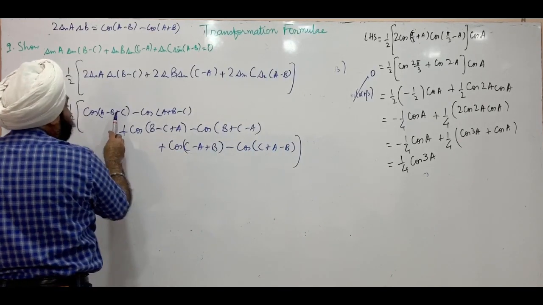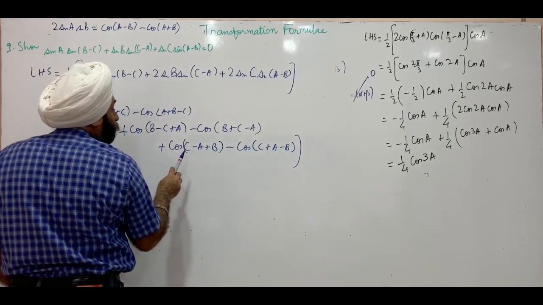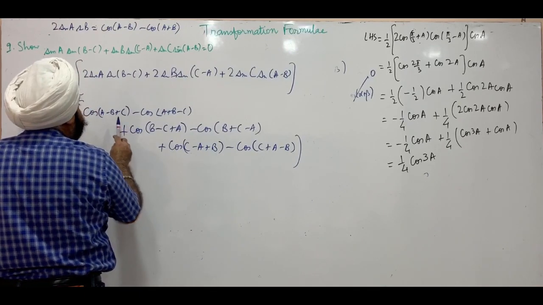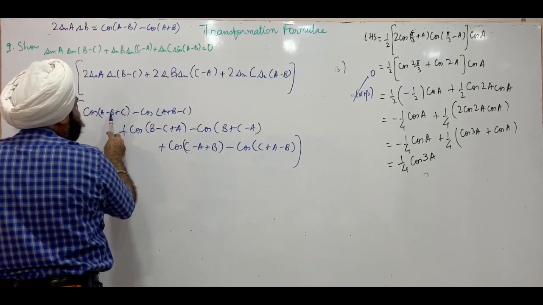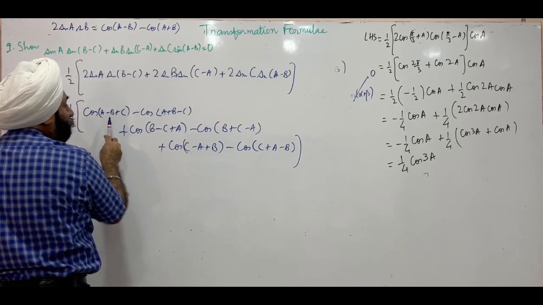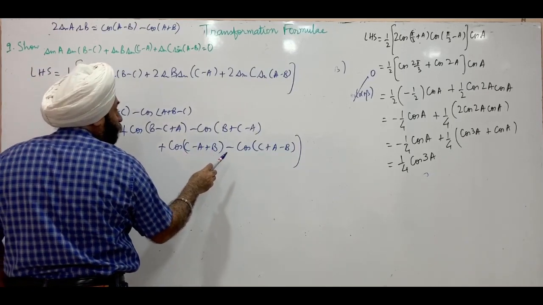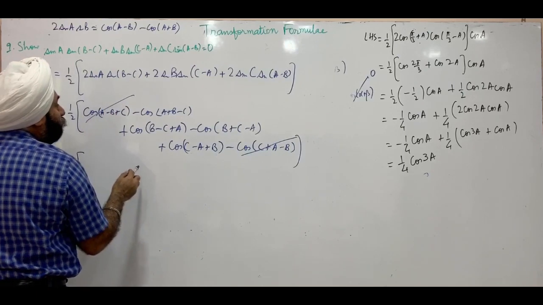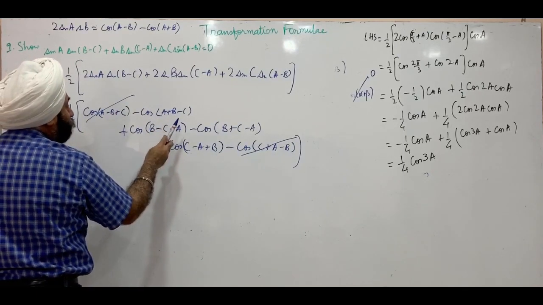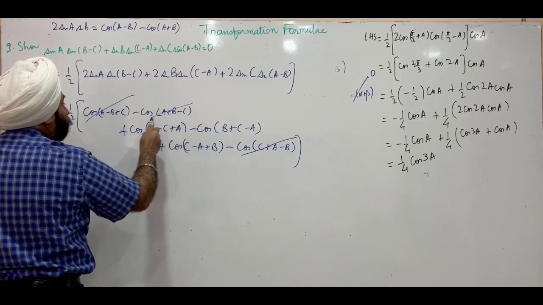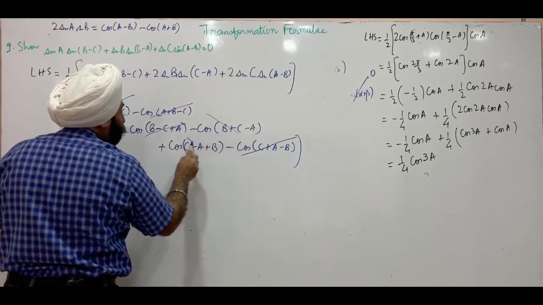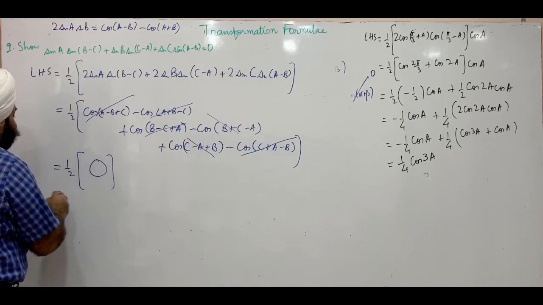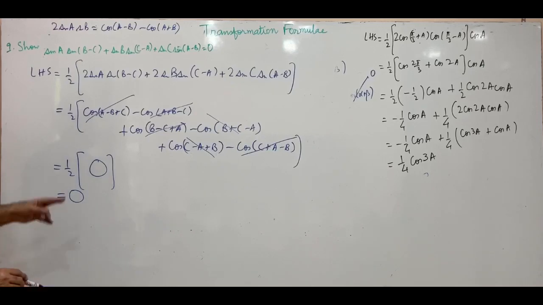This is A minus B plus C and A plus C minus B. So this cancels with this. Here we have A plus B minus C. So this will cancel out with this. Similarly, this with this. And we'll have this as 0. This is what we wanted.